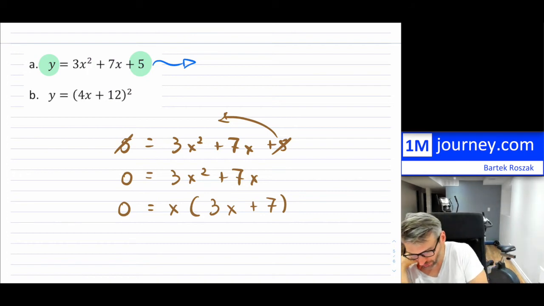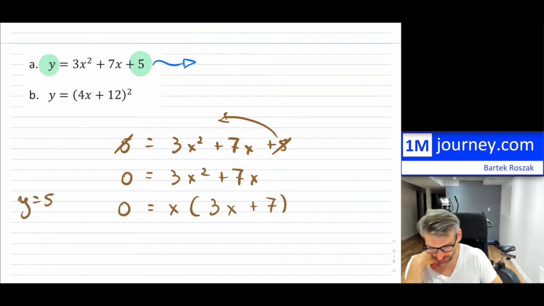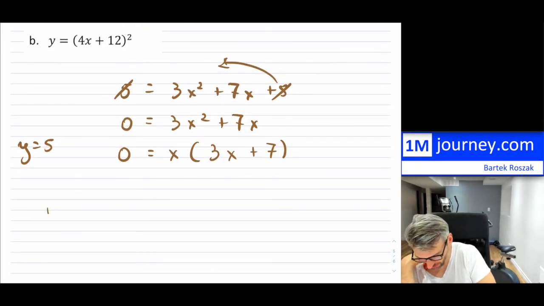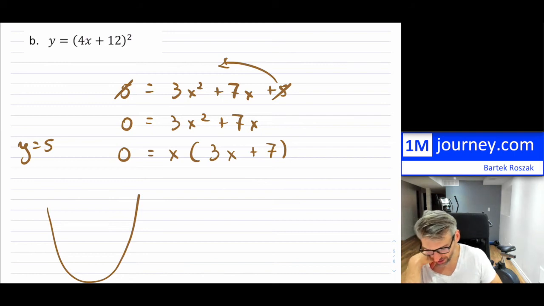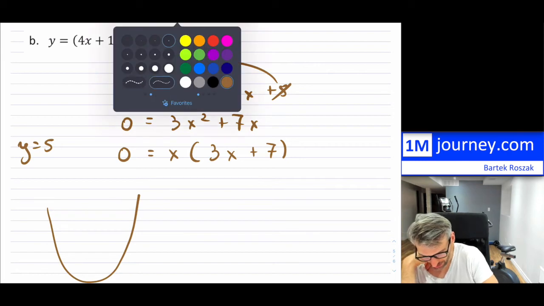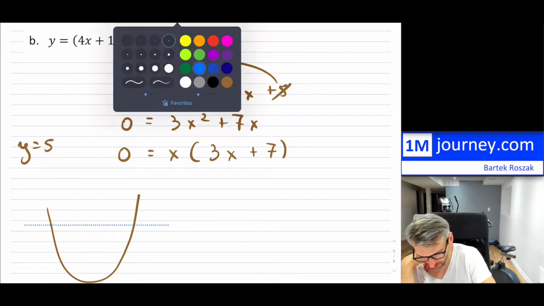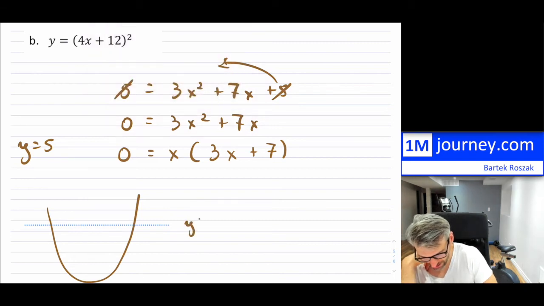So for y is equal to 5, if you think about the parabola, what I'm trying to find is the points for the value of y equal to 5. It's going to give me 2 points.